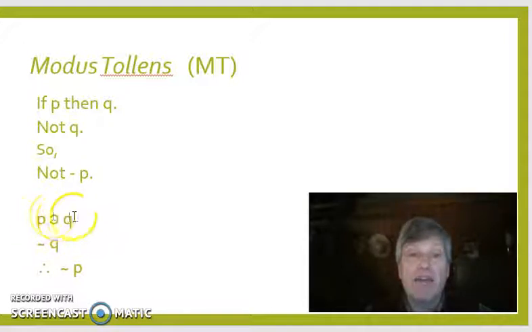So if you have a statement whose main operator is the horseshoe, and you have the negation of the consequent of that conditional, tilde Q, from those 2 things you can infer the negation of the antecedent of the conditional. So it's not the case that P. So if P then Q, not Q, therefore not P.